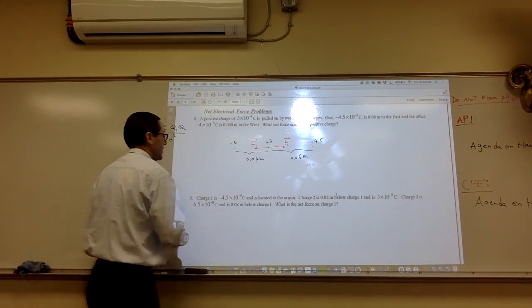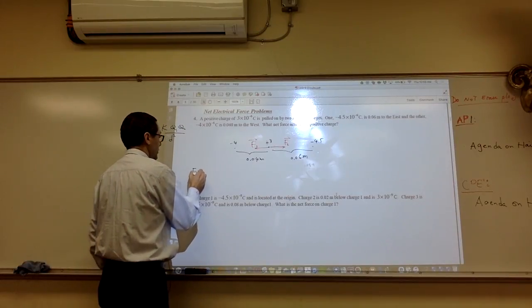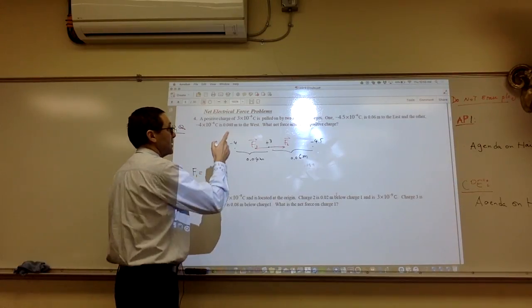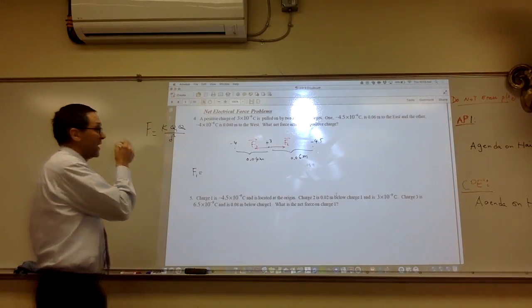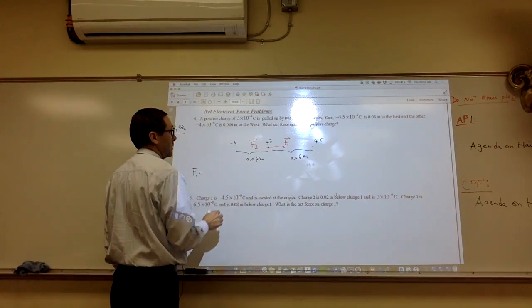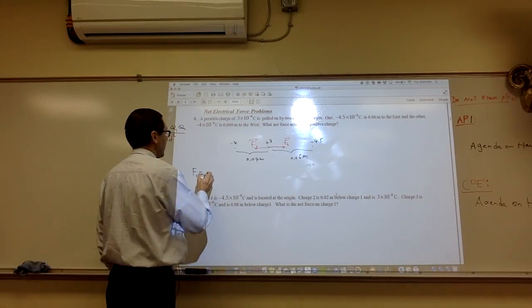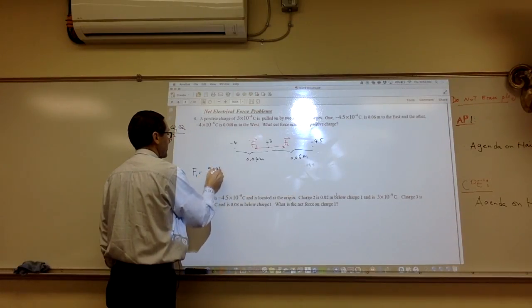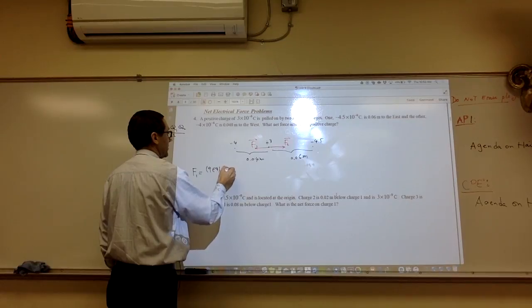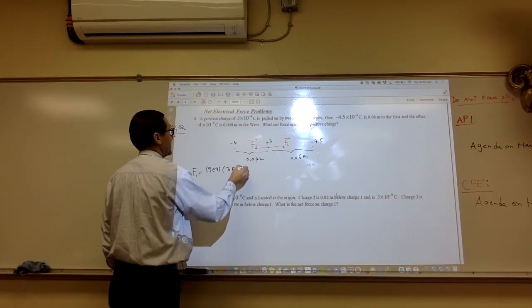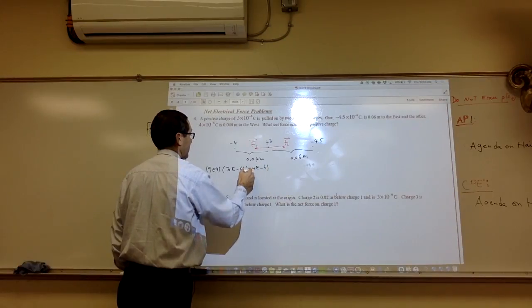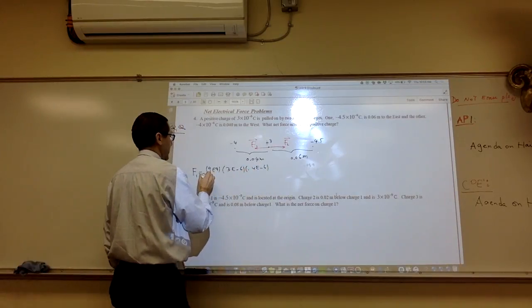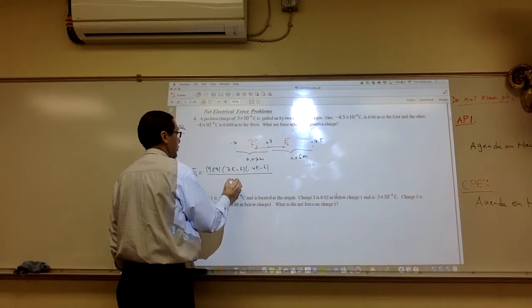Now, when you're trying to find F1 and F2, do not consider the sign of the charge. Just find the magnitude and let the drawing decide whether it's positive or negative. So it's 9 e to the 9 times 3 e to the -6 times 4 e to the -6, positive 4, over 0.04 squared.